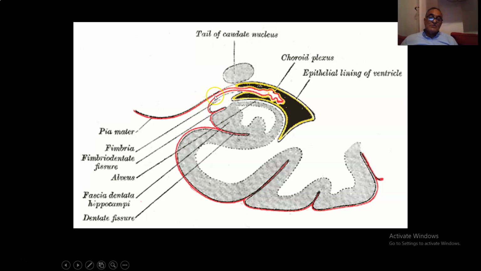What is the choroidal fissure? I was always perplexed about exactly what we mean by choroidal fissure. Actually, the blood vessels are present outside the brain. And you know that the anterior choroidal artery and the lateral posterior choroidal artery supply the choroid plexus. But the choroid plexus is present inside the ventricle.